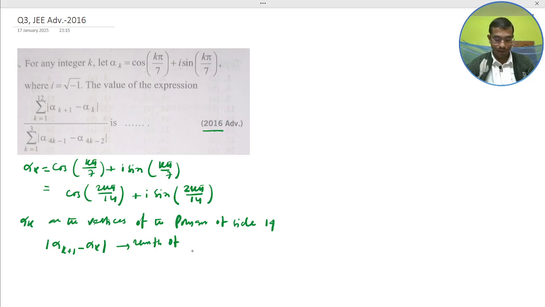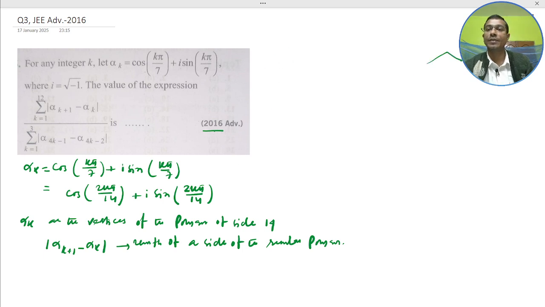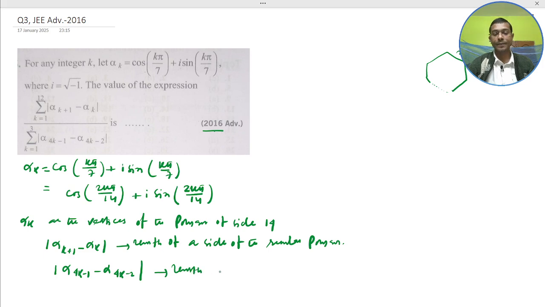Here for alpha_k we just consider this type of polygon. So alpha_(4k-1) minus alpha_(4k-2) would also be the length of a side of the regular polygon.